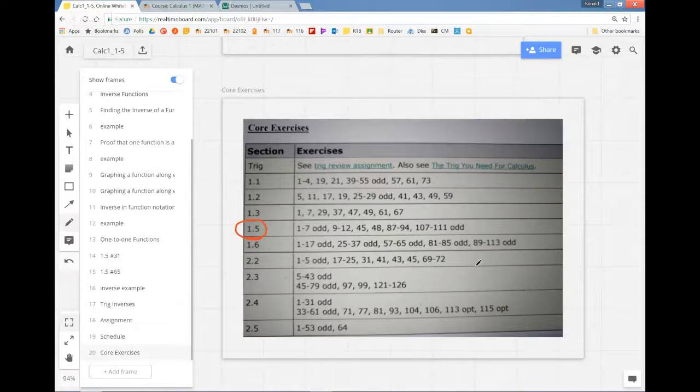Yeah, you're right. So anyway, that's the meaning of the assignment situation. Anybody else? Any other questions?